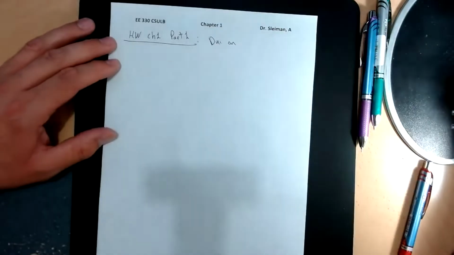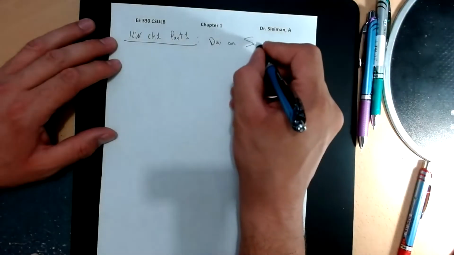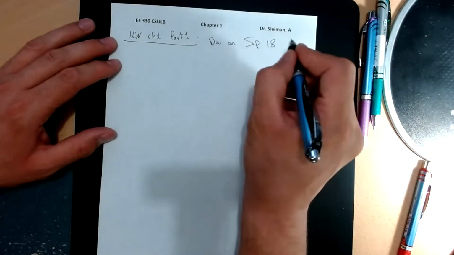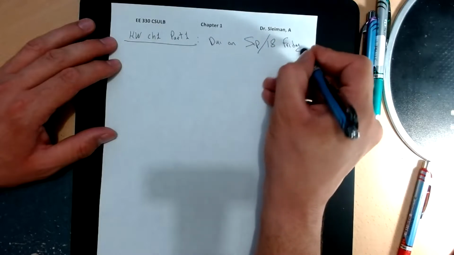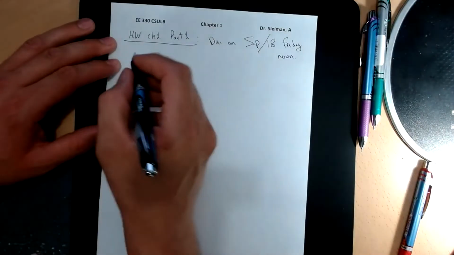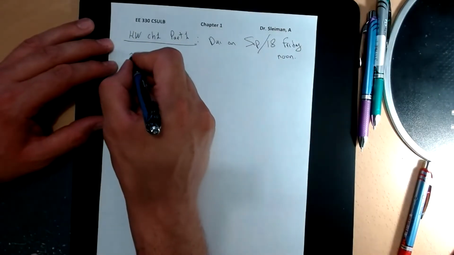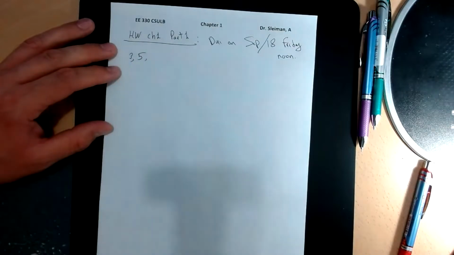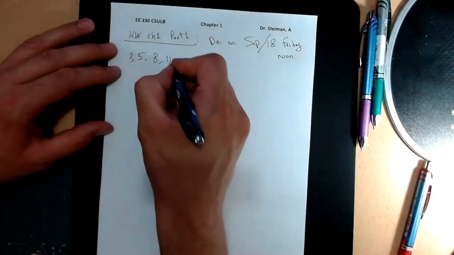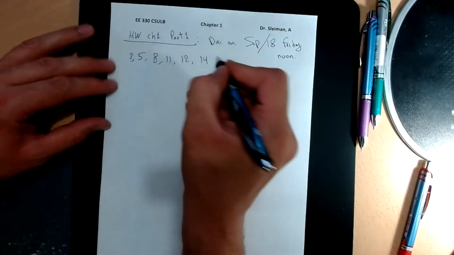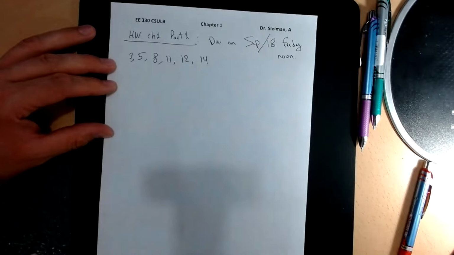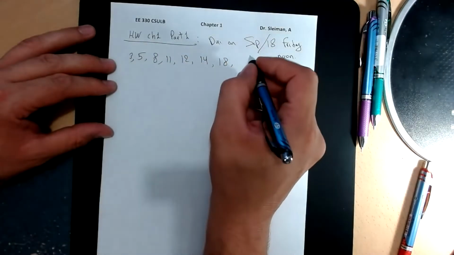due on September 18, Friday by noon. And those numbers are, we already did 1.2, so 3, 5, 8, 11, 12, 14, 18, 25.